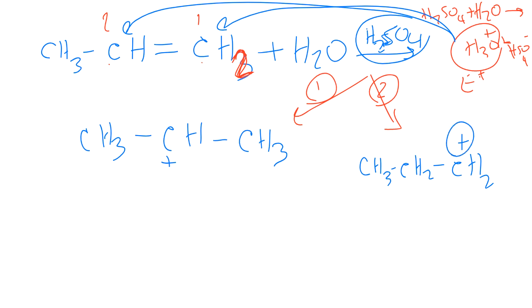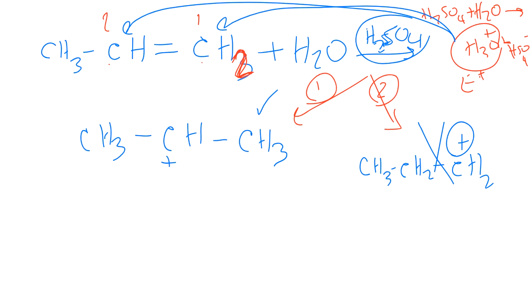Which one is major? Route 1 or 2? Route 1, because it is giving the more stable intermediate. So this is going to happen. And this is not going to happen because it's a primary carbocation.